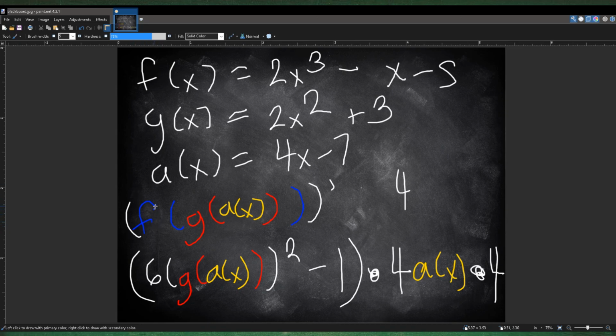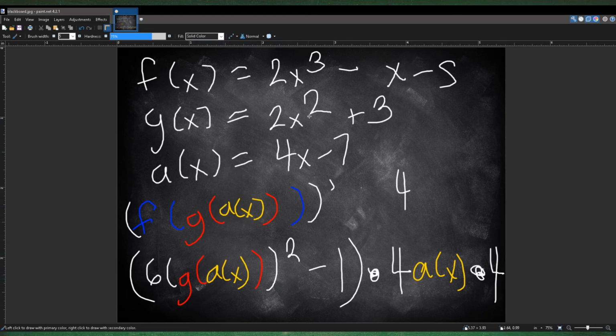So review, basically, derivative of f is 2x minus 3 minus x minus 5. Derivative of this is 6x squared minus 1. And that's why you have the 6, and then whatever's left in the parentheses, you put that in as your x, and then you square that minus 1. And then whatever's left in your parentheses, you have to do the derivative of that. So you have to do the derivative of g of x.